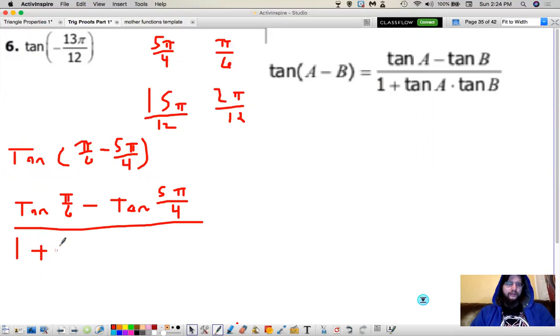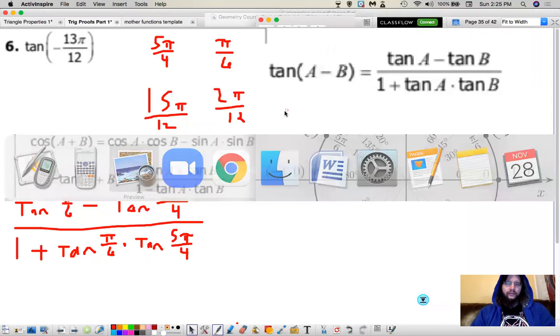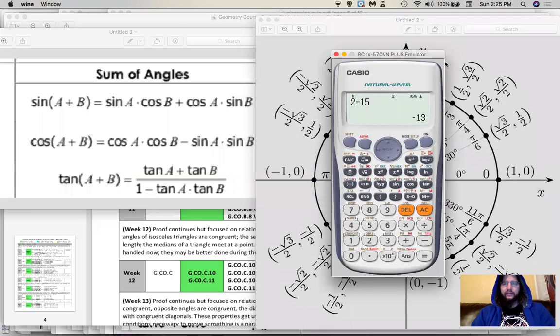1 plus tangent of pi over 6 times tangent of 5 pi over 4. Again, to look up these values, we have to do sine over cosine. Sine over cosine. Let's use our calculator for that.